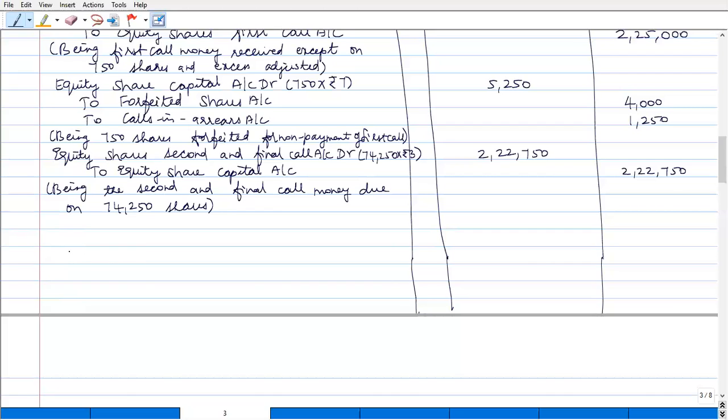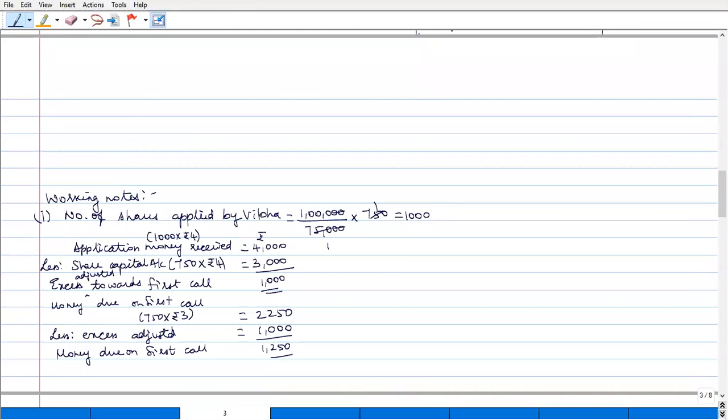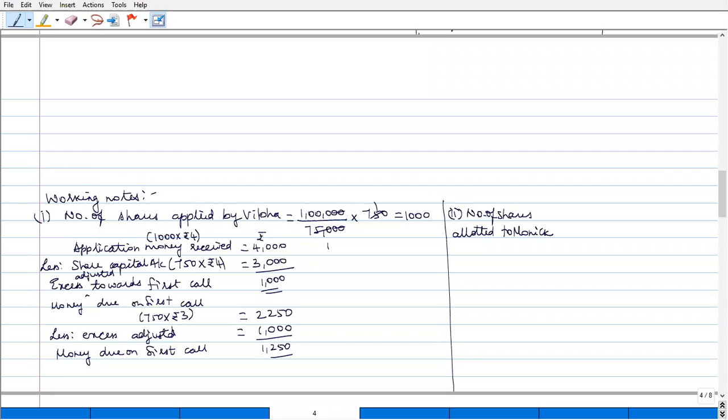Now coming to the next entry, money received entry. Even here in this case, we have a person called Monica who has not paid her second call, right? And she has applied for 1,000 shares. Now we will once again go back to working notes and calculate how many shares were allotted to Monica. Number of shares allotted to Monica, 75,000 by 1 lakh into 1,000, right?